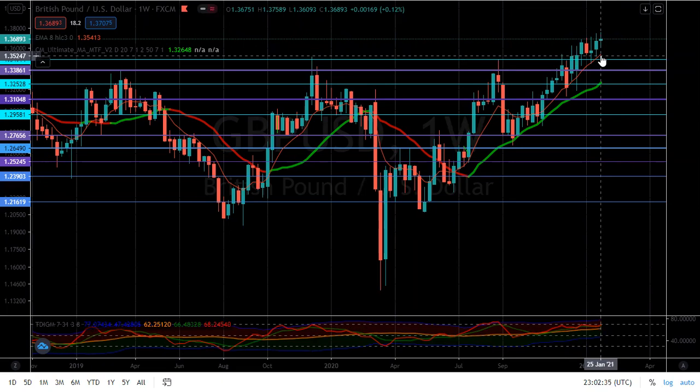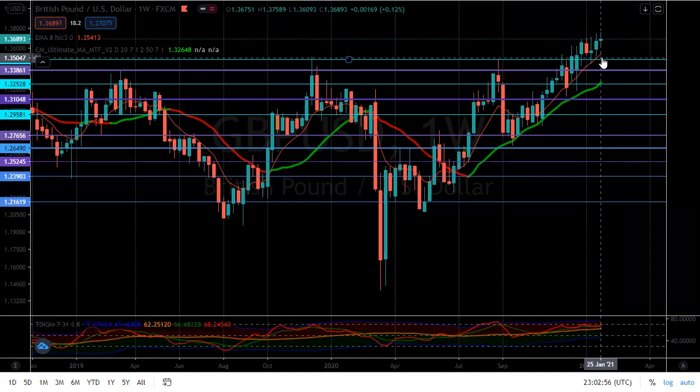We could see price first of all get to 1.3540 area. But I believe strongly that we'll get that move to the downside to that 1.3490 area in price. And that would be that for the pound dollar pair.